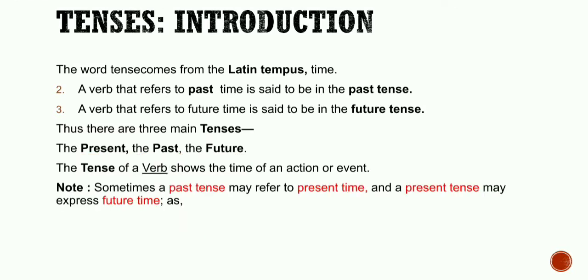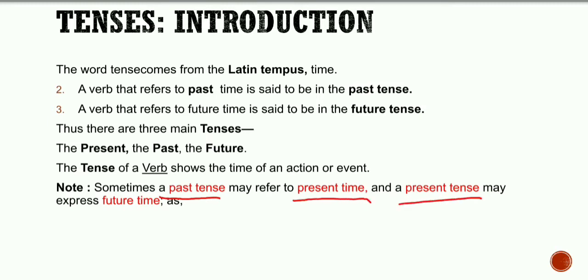Note, sometimes a past tense may refer to present time, and a present tense may express future time. This is a very important thing to be remembered, that a past tense may refer to present time and a present tense may refer to future time.